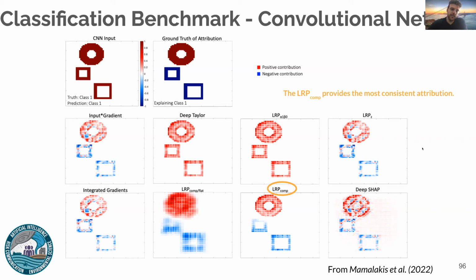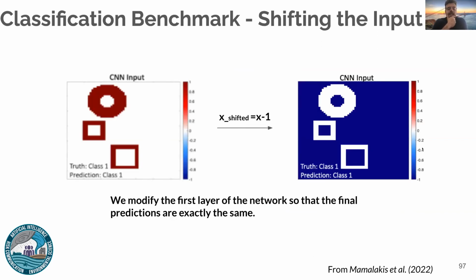Now, the last thing that we did with this benchmark in the next slide is an experiment. We considered the entire input, thousands of images of circles and squares, and we simply subtract the value of 1 from the input.